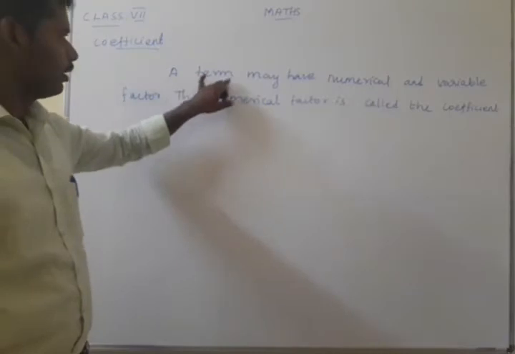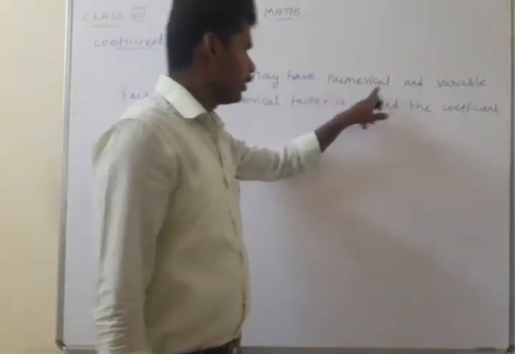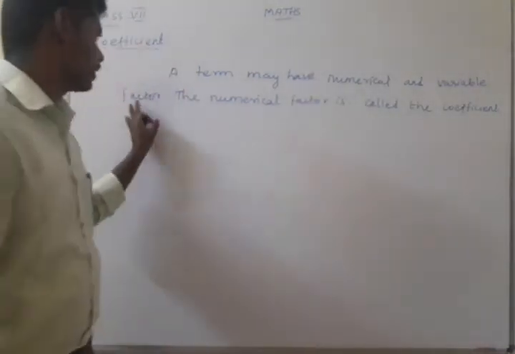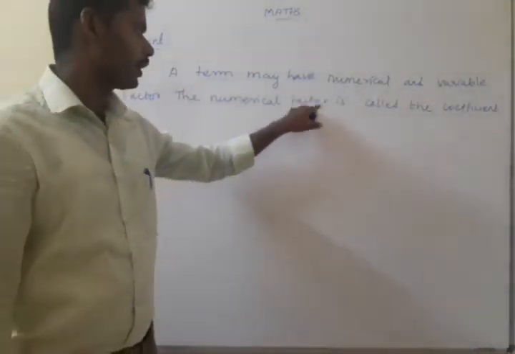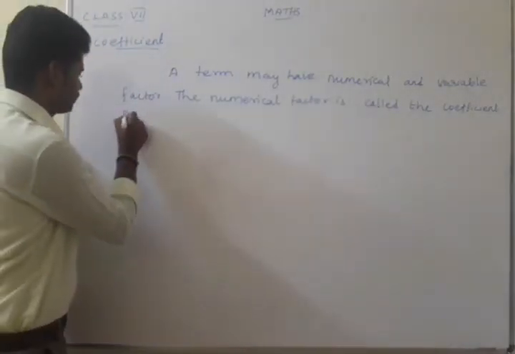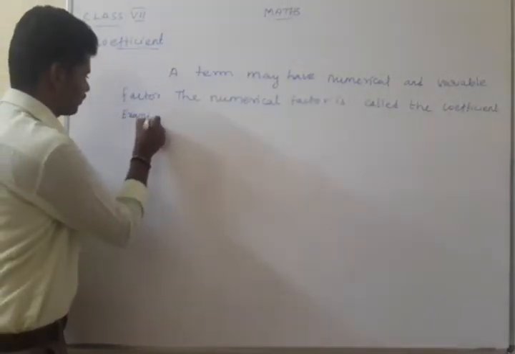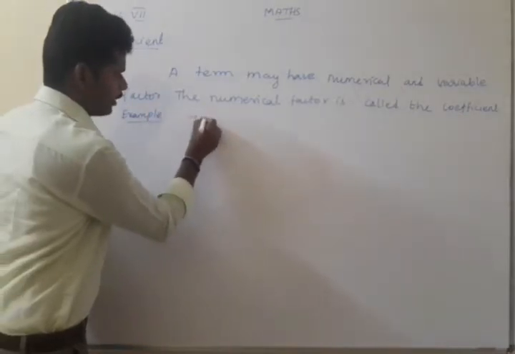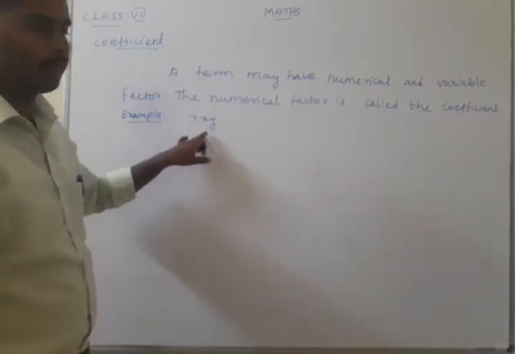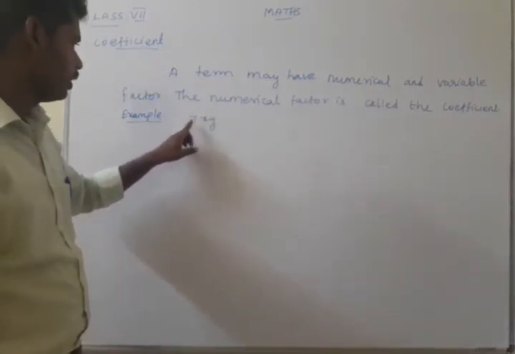See, a term may have numerical and variable factors. The numerical factor is called the coefficient. Example, 7xy. This is one term, 7xy.